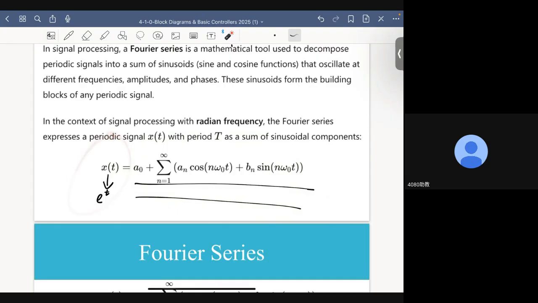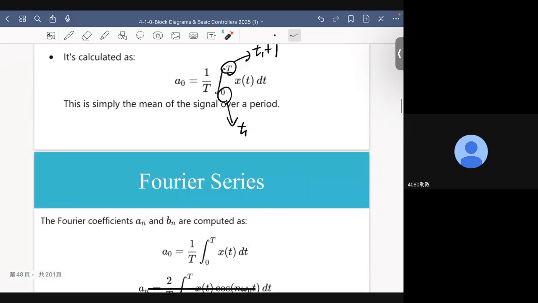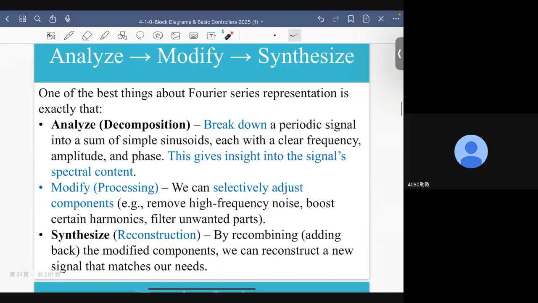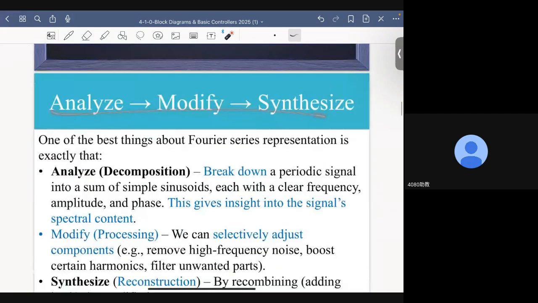Why not just deal with one simple, well-defined, well-understood function rather than jump into this infinite series, which involves an infinite number of terms, okay? Why do we want to have a Fourier series representation in the first place? And the answer really lies in this process.